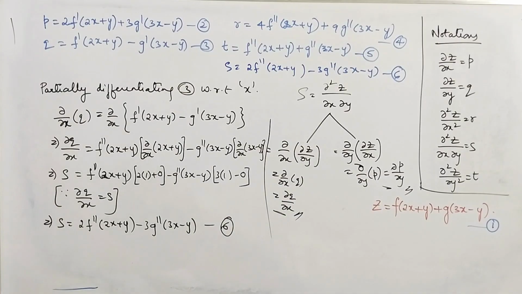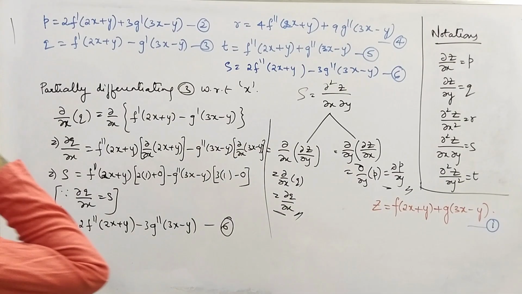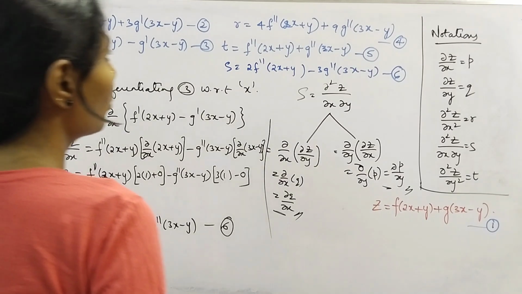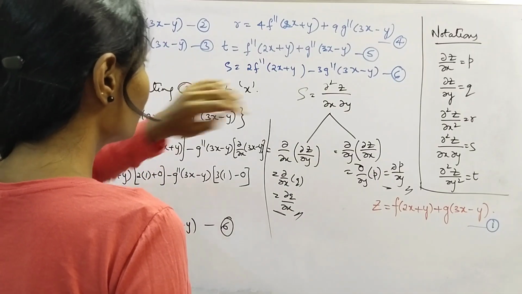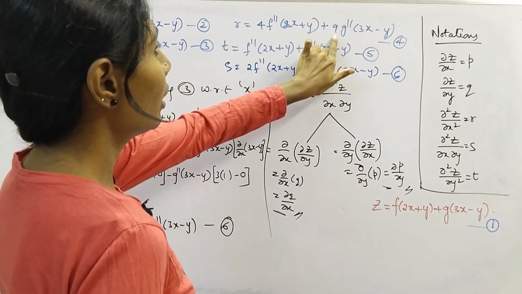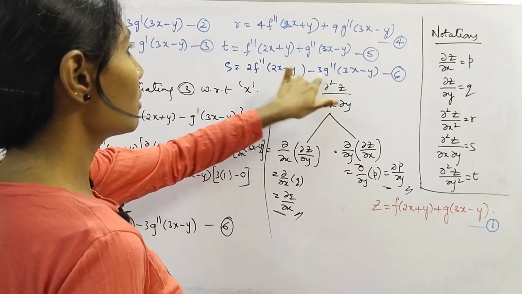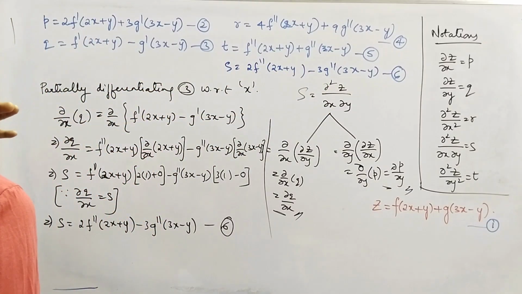Right. Now we are going to use our brain. Now observe equations 4, 5, 6. You have to observe clearly. You have 4, 9, 1, 1, 2, minus 3. Right. Fine.